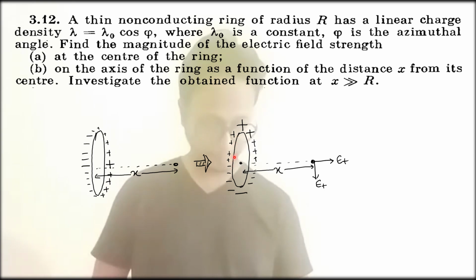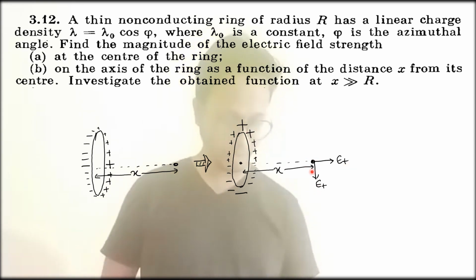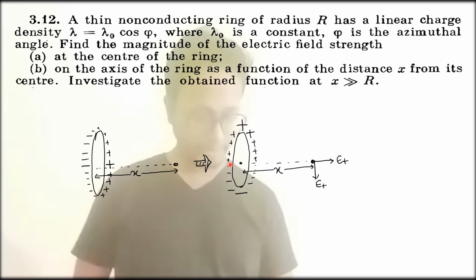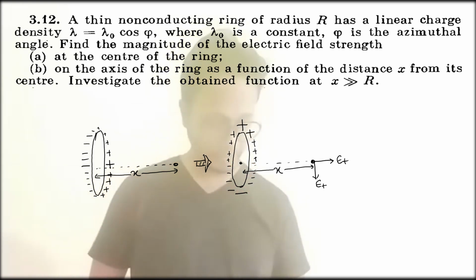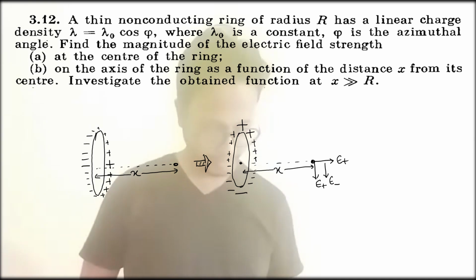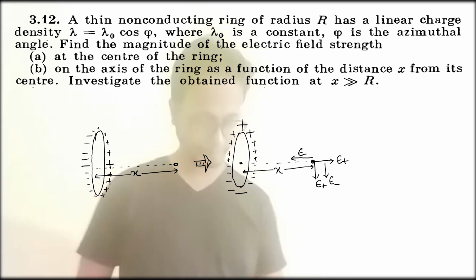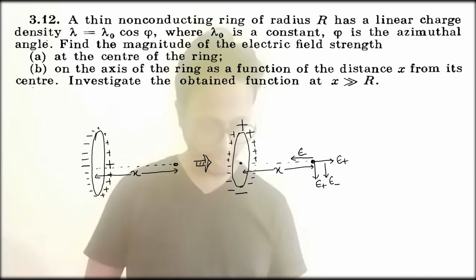This positive part of the ring is trying to push it down and to the right-hand side. The negative part of the ring will try to pull it. The vertical component of the negative part would be in this direction, isn't it?